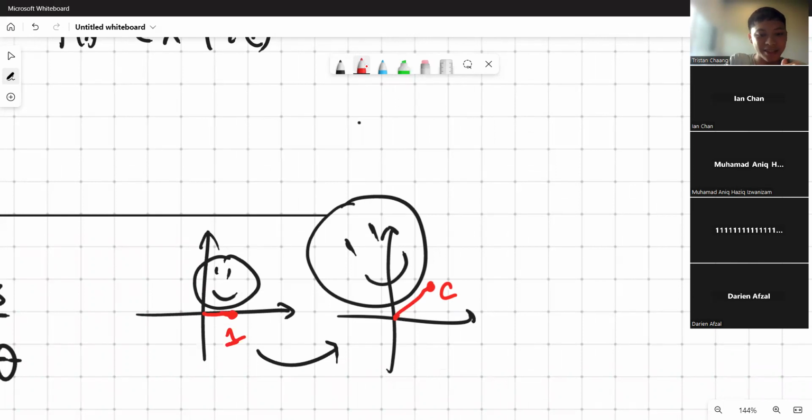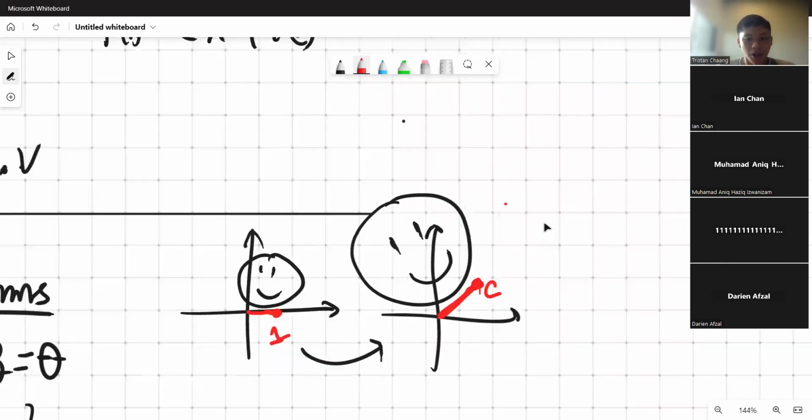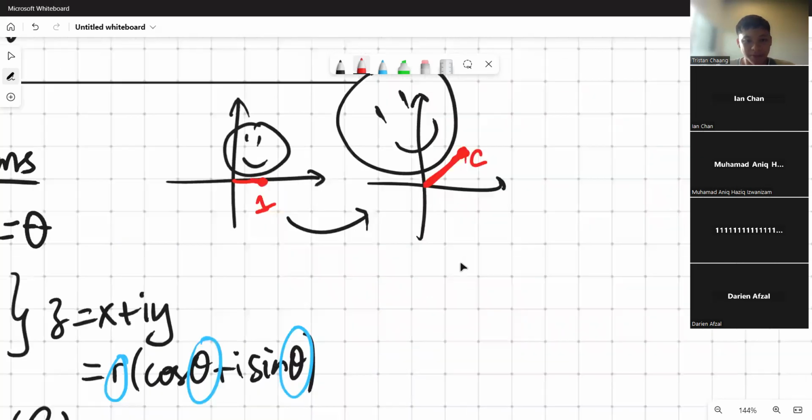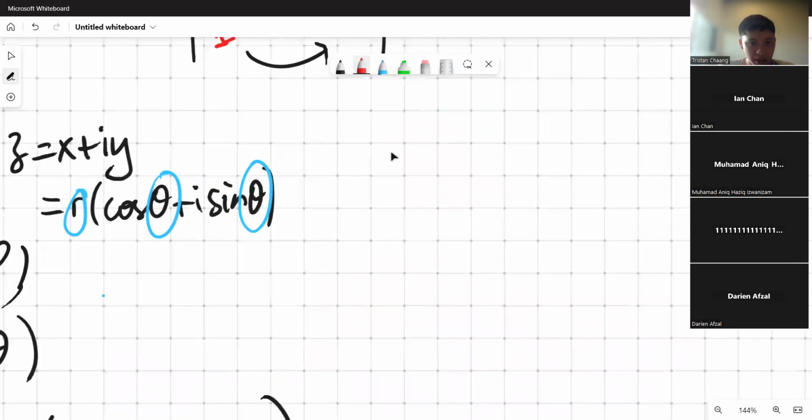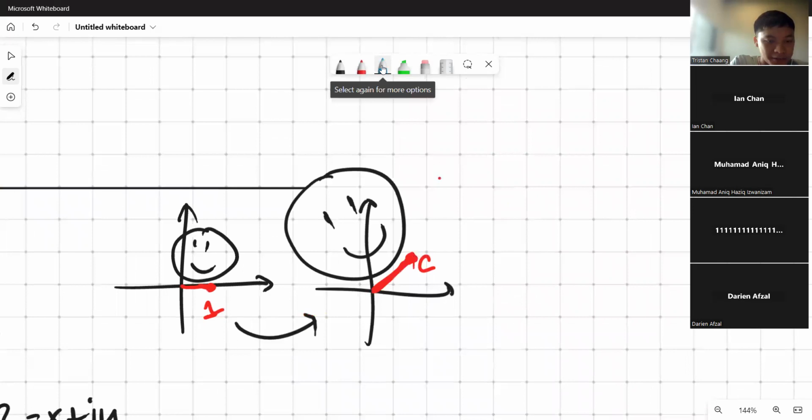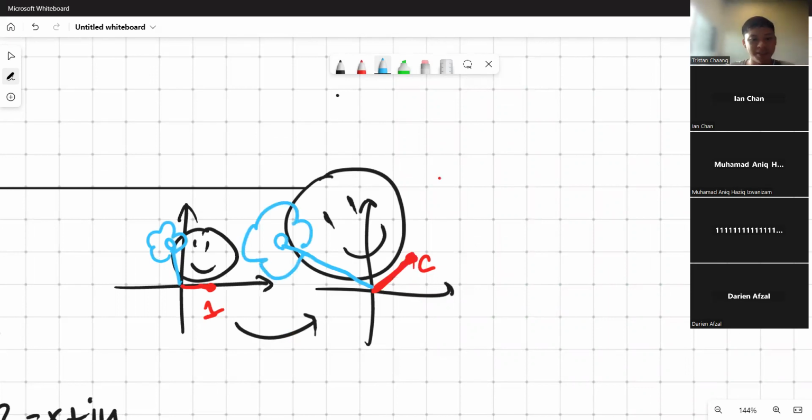As you can see, I position 1 and C with respect to this smiley face quite nicely. What I meant just now was, if I have a flower, then it will be like this now, something like that.